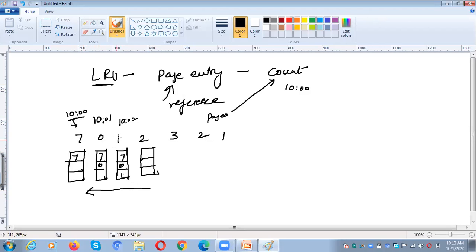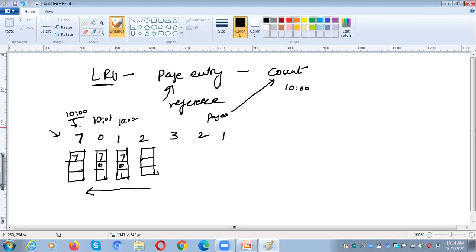These two are recently used. 1 is recently used at 10 2, 0 was used at 10 1, and 7 was used at 10 o'clock. That means 7 was used long back when compared to 0 and 1. 0 and 1 are most recently used when compared to 7.